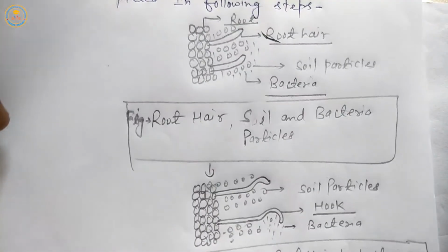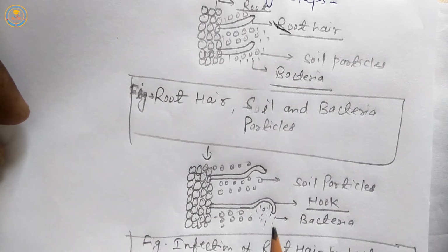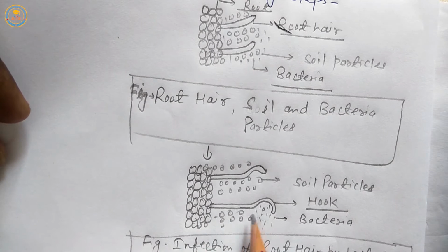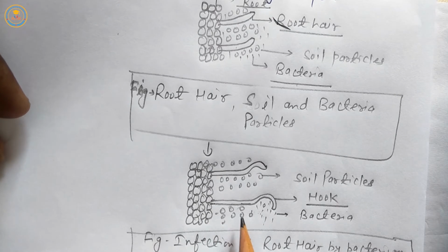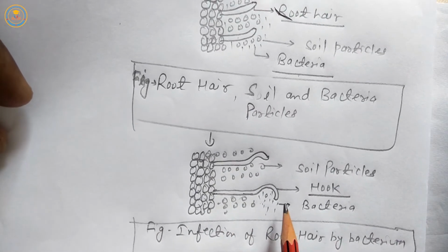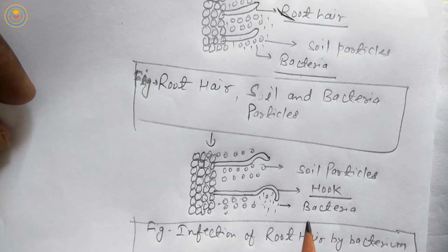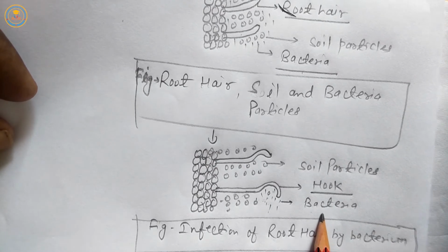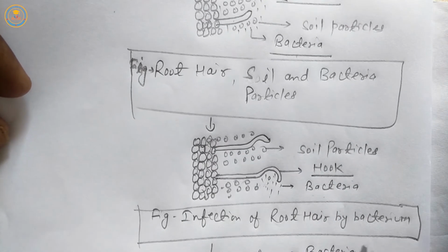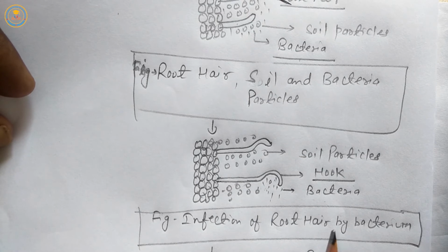Next, the legume root hair terminal part converts into a hook-like structure, because rhizobium bacteria and plant hormones auxin and cytokinin secrete a node factor.